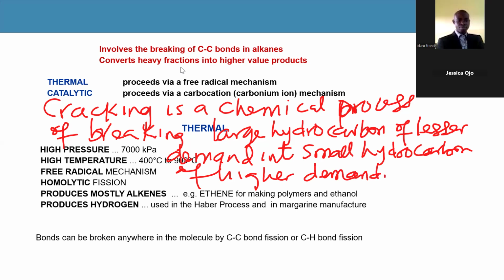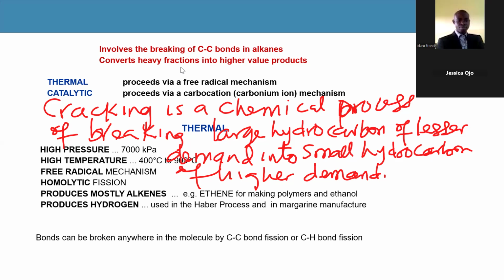So higher demand in the world market. So cracking is a process. You can remove the words chemical process to save your time. Just it's a process of breaking large hydrocarbon fraction of lesser demand into smaller fraction of higher demand. Simple. Breaking of heavy fraction into smaller fraction of higher demand.